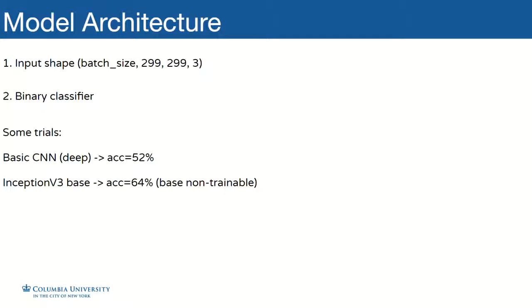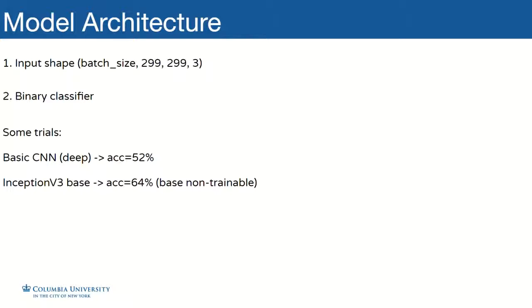So for our model, the input shape is batch size, 299, 299, then 3, which is the number of channels of the RGB images. And we want a binary classifier predicting tumor or normal images.